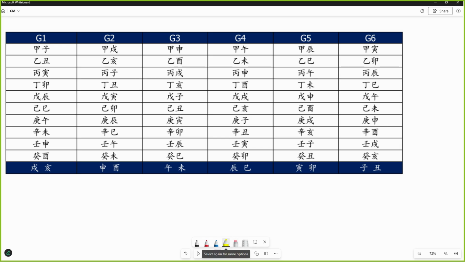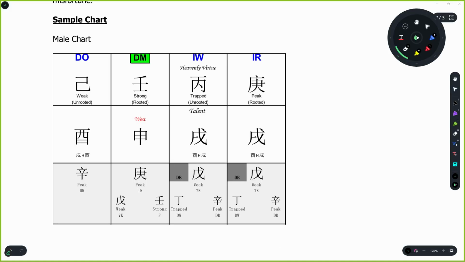We discussed this just a moment ago. A Ren Shen Day Master would have the dog and the pig. So Ren Shen Day Master will be the dog and the pig, and we can see here the dog and the pig.